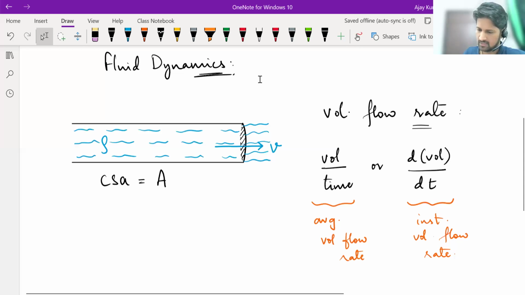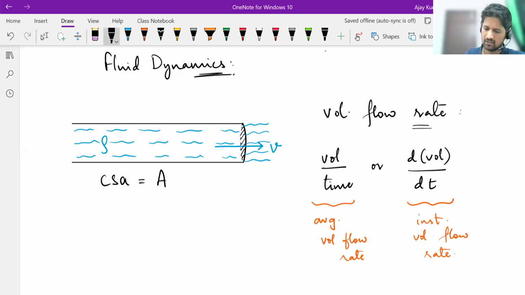Okay. I got one answer as A multiplied with V. That is correct. Good. Listen, consider a small amount of time dt. We'll find out the instantaneous volume flow rate and derive an expression for it. In a small amount of time dt, some liquid will flow out. Visualize the liquid that flows out. Let's say this much volume of liquid flows out of the tube, or I can say flows through the cross section.